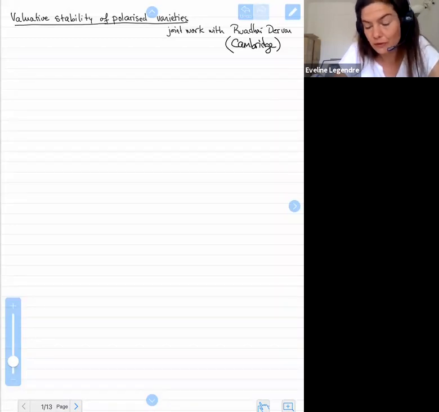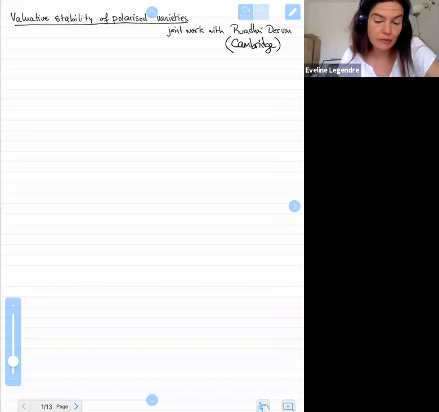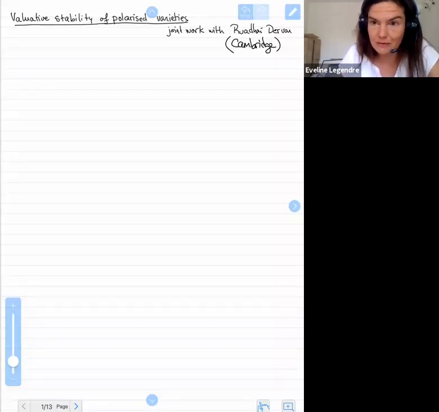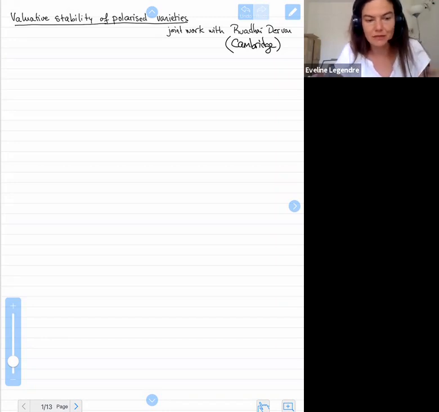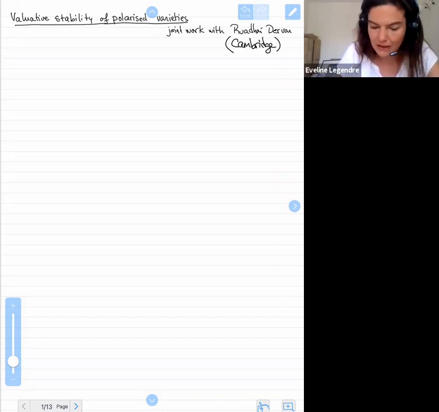So with Rui, we wanted to know if we would be able to define evaluative stability for polarized varieties and understand its relation with K-stability.